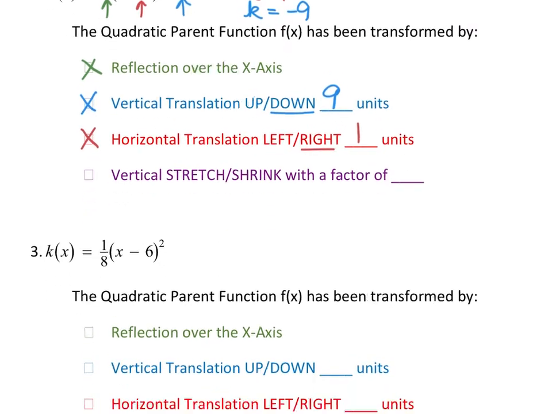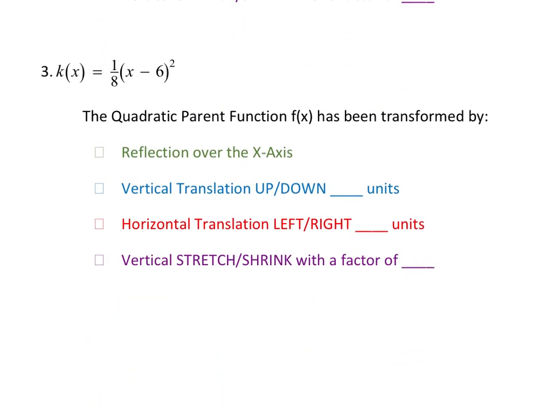Let's check out number 3. How many things are different? How many transformations have I applied to the k of x function? 2, very good. Yeah, there are 2 changes to this equation, which means there are 2 transformations. Essentially, there are 2 numbers other than x squared that are in this equation.